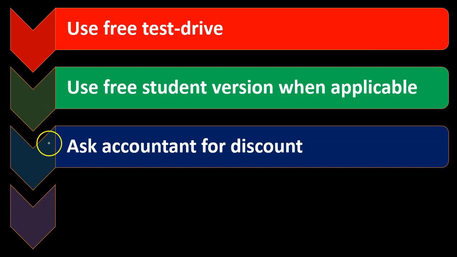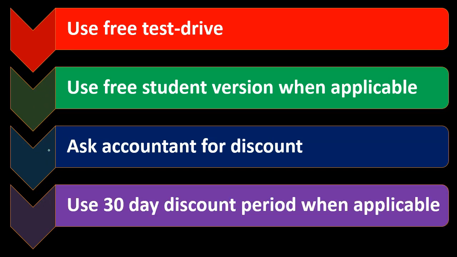And you could look into the 30-day discount period, which Intuit, the owner of QuickBooks, almost always offers, if not a free 30 days, and then look into finishing the second half of the course within that 30-day time frame so that you can get the most out of it.